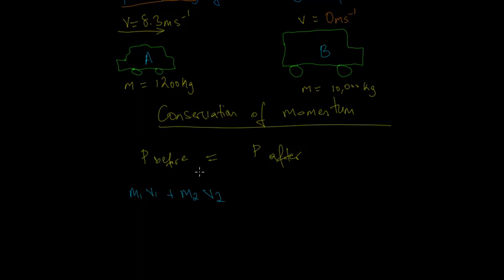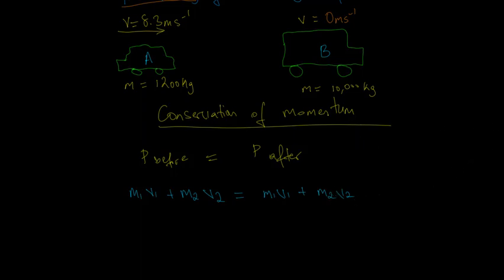And from our formula we're saying that the total momentum of the system before is equal to the total momentum of the system after. So therefore momentum is conserved. So we can write M1 V1 plus M2 V2 for the total momentum before collision, equal to the total momentum after collision.